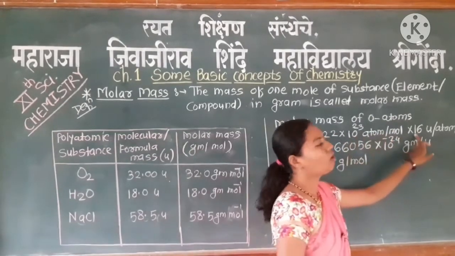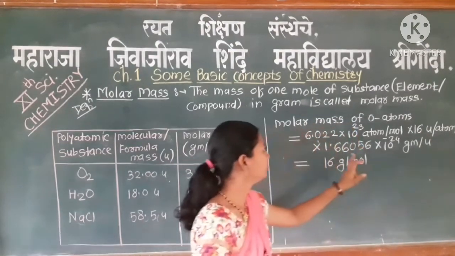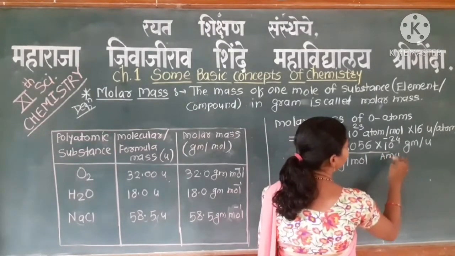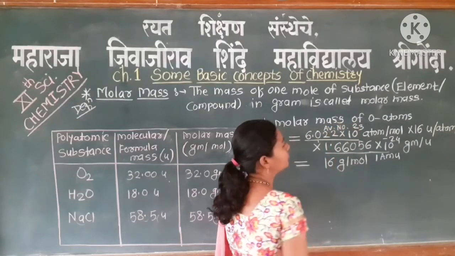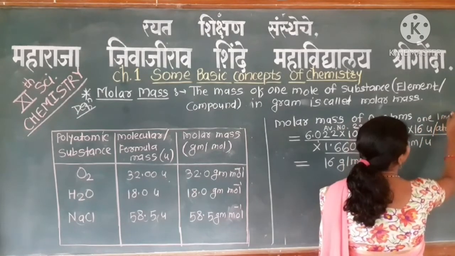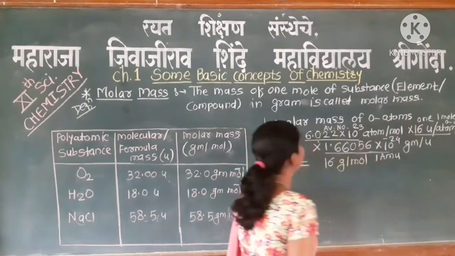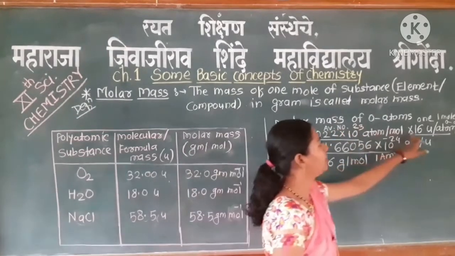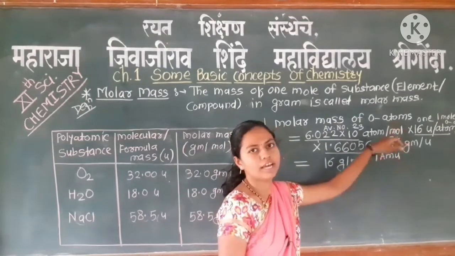Avogadro's number by the formula mass or molecular mass in unified, and that is 1 atomic mass unit, AMU. This is Avogadro's number, and this is the number in 1 mole of oxygen atoms. So the molar mass of an oxygen atom can be calculated by Avogadro's number into 1 mole of oxygen atoms into 1 atomic mass unit of that oxygen.